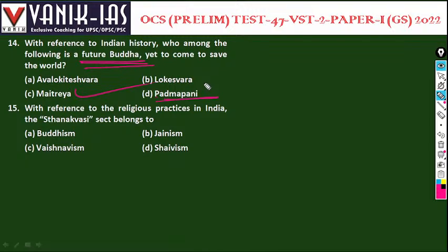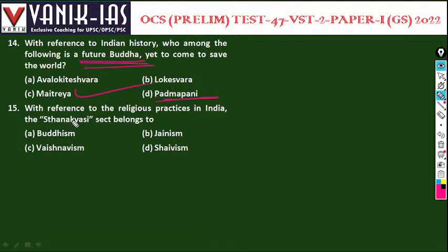Next, with reference to religious practices in India, Sthanakvasi sect belongs to which religion? Buddhism, Vaishnavism, Jainism or Saivism.